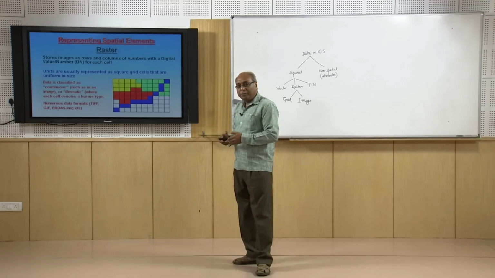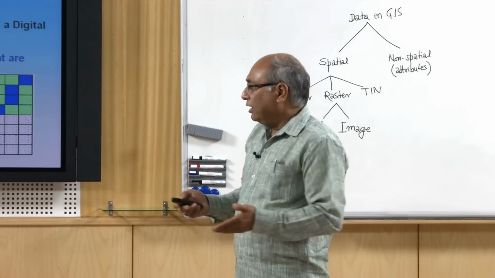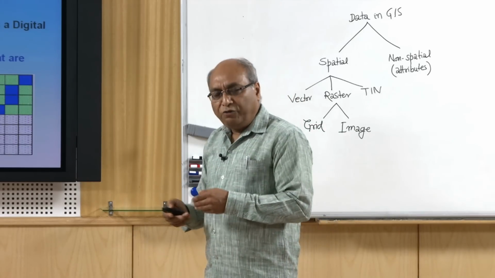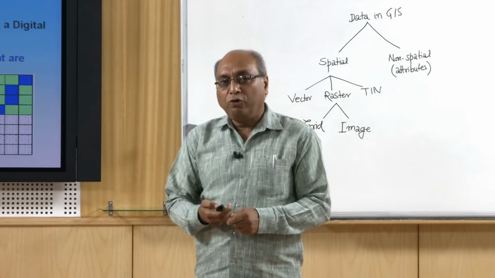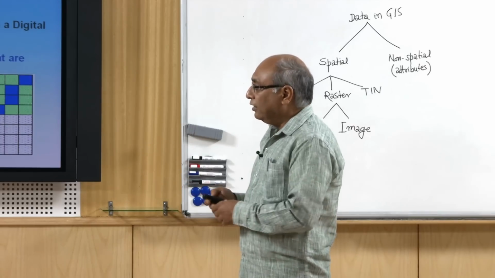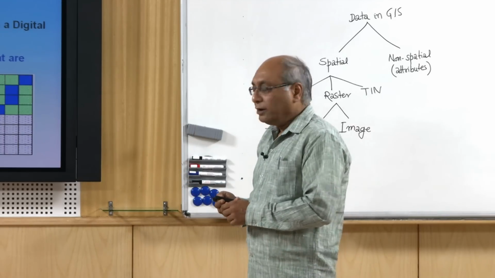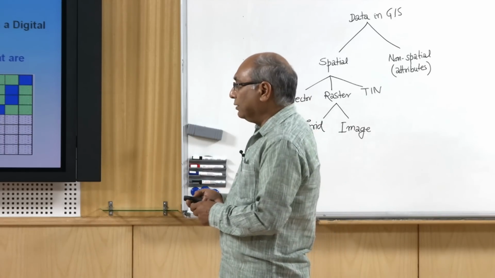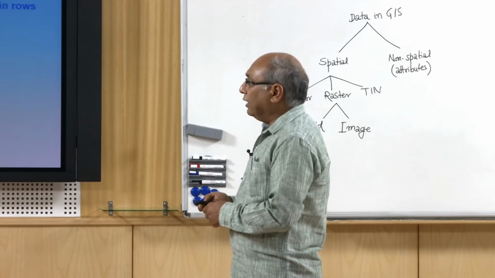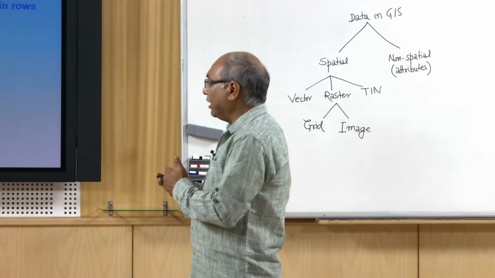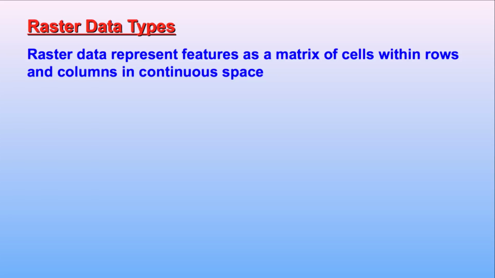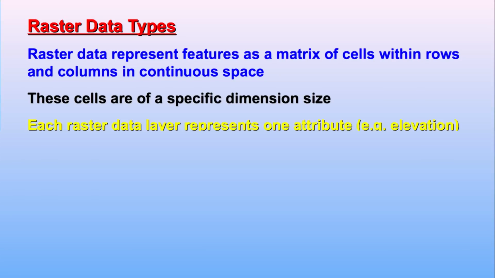There are image formats like TIFF, JPEG and GIF, and different image processing software have their own formats, like ERDAS has its own image format, a very popular one is the IMG format. So, there are the data, this is how it is represented, and then these cells are having values.